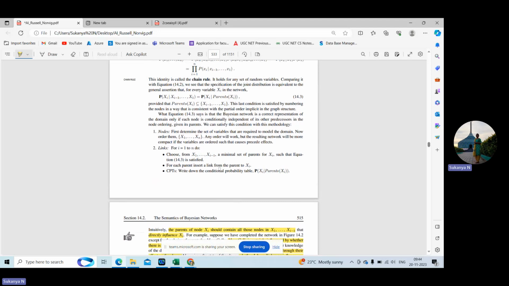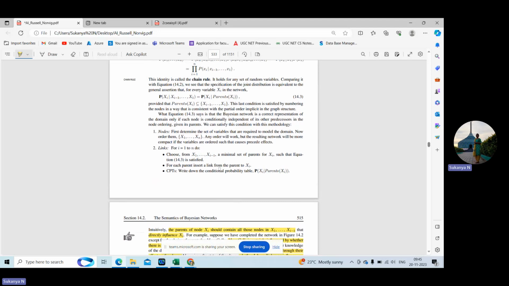So what about the links? We have written here i equals 1 to n. So for every i equals 1 to n, we will be defining a link, right? There should be a parent link. For every node, there should be a parent link that will define the relation to all other nodes.